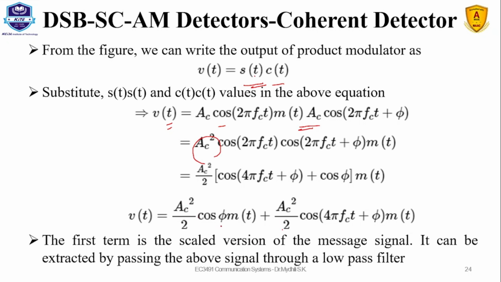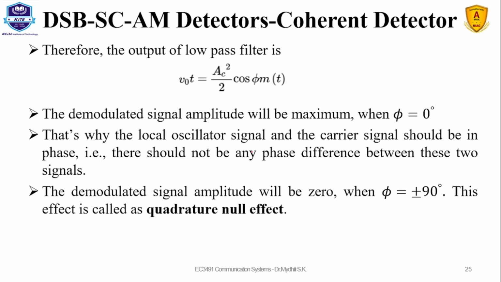The first term is a scaled version of the message signal, and it can be passed through the low pass filter to reject the other term, and we get only the message signal, which is the demodulated output.